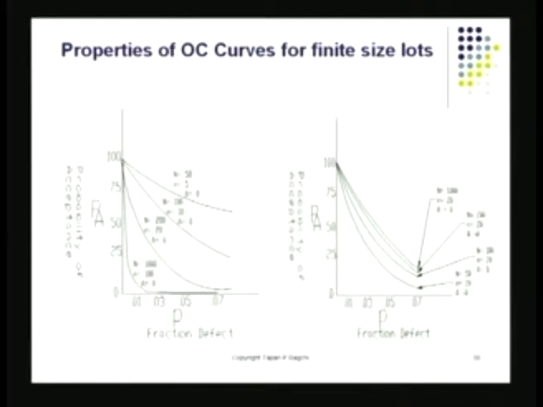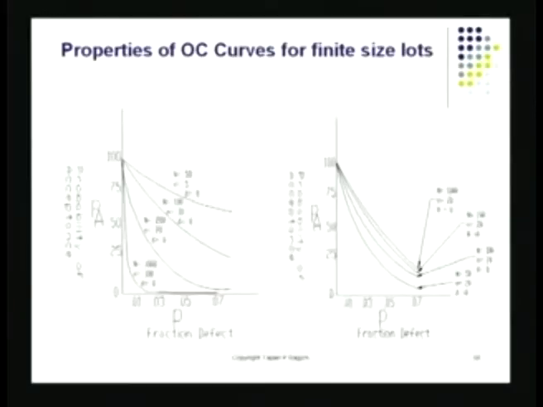If lot size changes, big N changes, the OC curve will change. And of course, if sample size, little n, changes, then again the OC curve will change. So the OC curves depend on all of these properties.